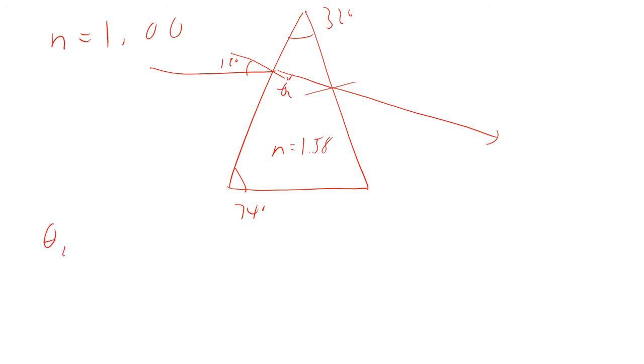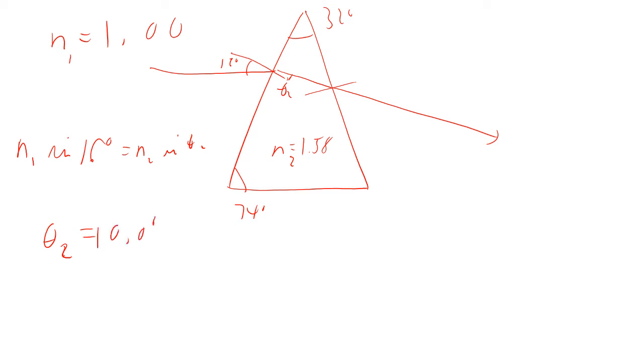So theta 2, once again, we have n1 sine theta 1. Theta 1, once again, 16 degrees, equals n2 sine theta 2. So theta 2 now turns out to be a little bit different. Before, it was 10.4 degrees.